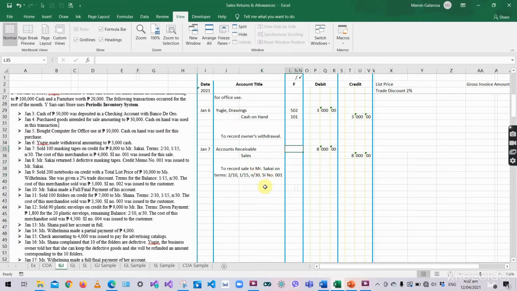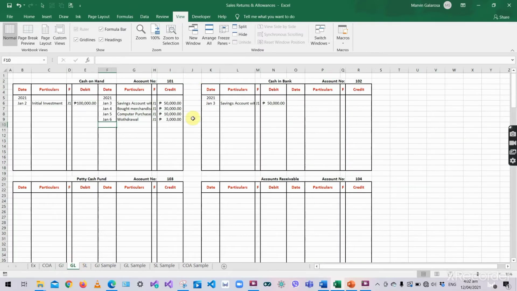Then, post natin siya sa general ledger. Sa accounts receivable, merong debit na 8,000. Accounts receivable. Ito. 2021, January 7. Particulars. SI 001.